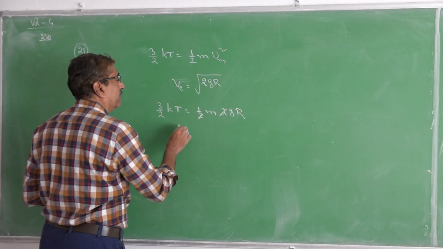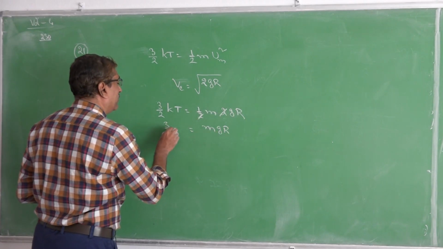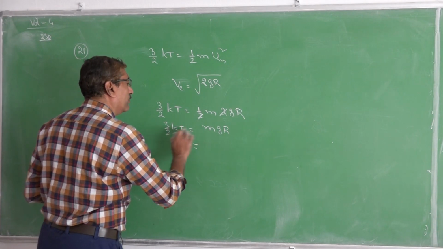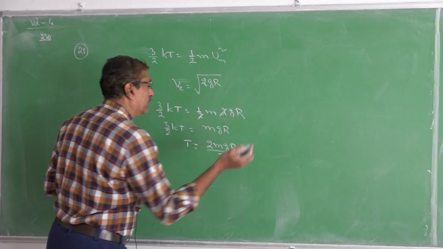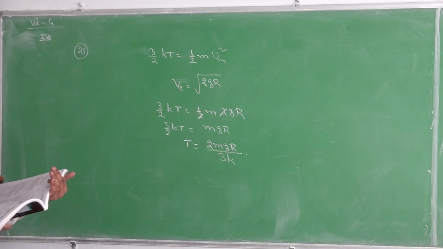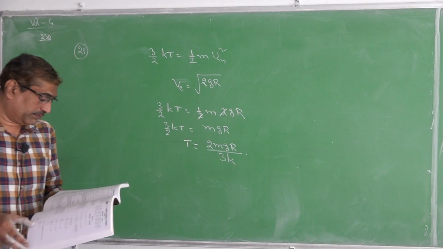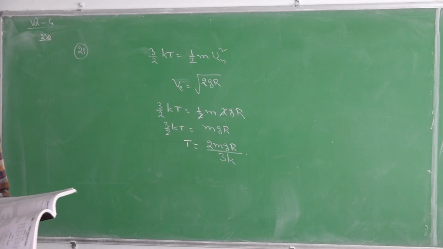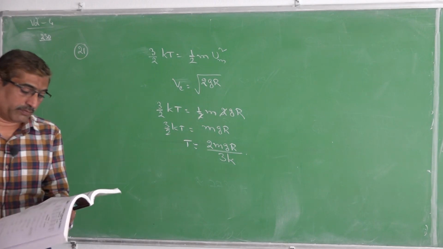So we have to calculate this T. This implies mgr is equal to 3 by 2 kT. So T is equal to 2mgr by 3k. So this is the temperature at which the hydrogen molecules will escape from the surface of the moon.